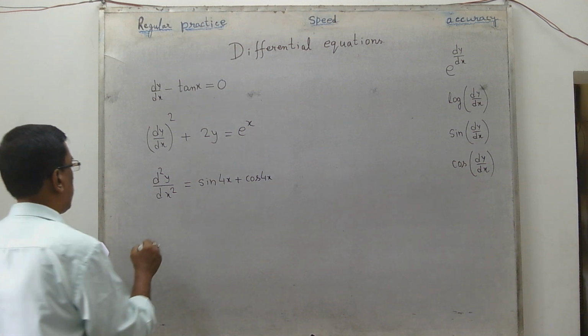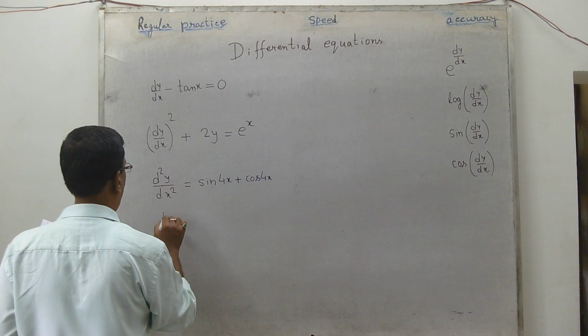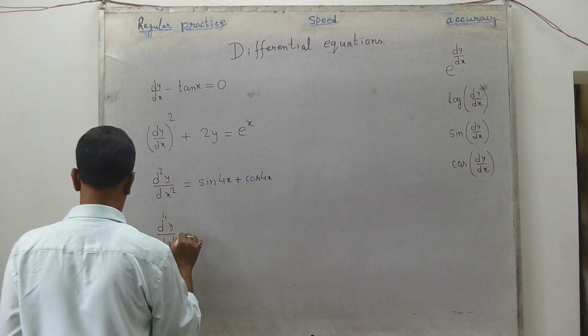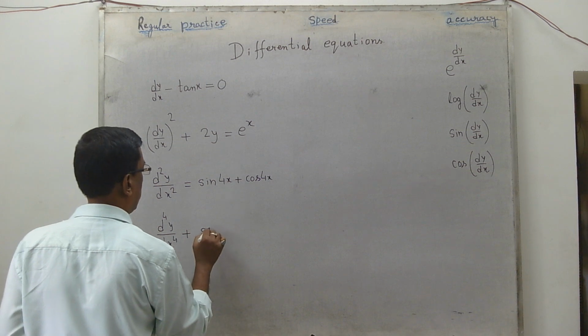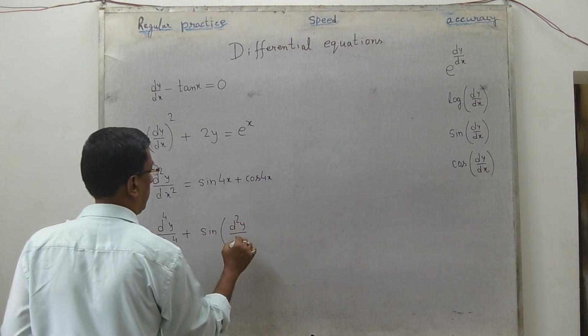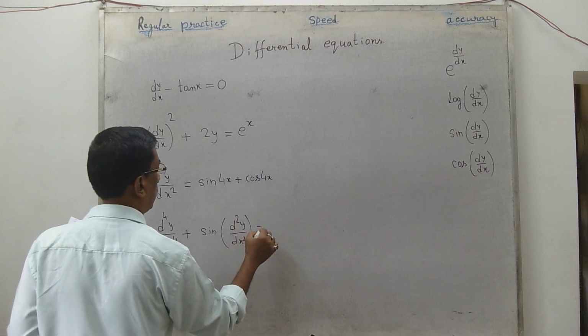If we write this equation, d to the power 4 y by dx to the power 4 plus sine of d square y by dx square equals 0.